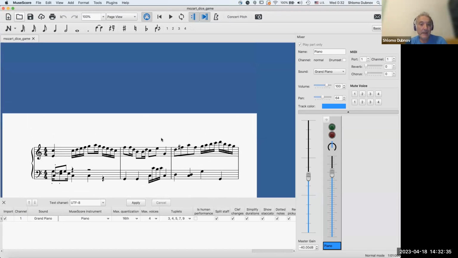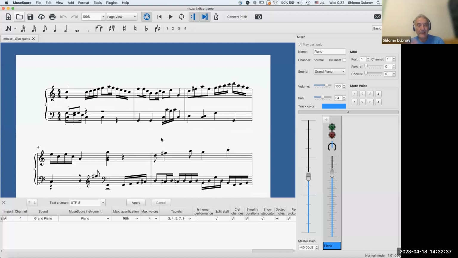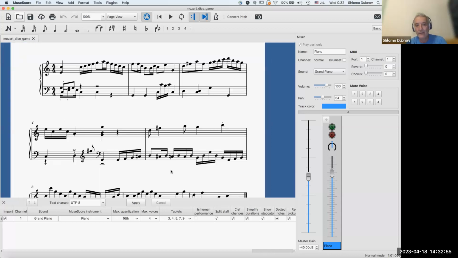So yeah, the first part of the assignment will be generating or writing a small piece of code that uses that data set, that collection of single measures or half bars, sequencing them into a musical piece.